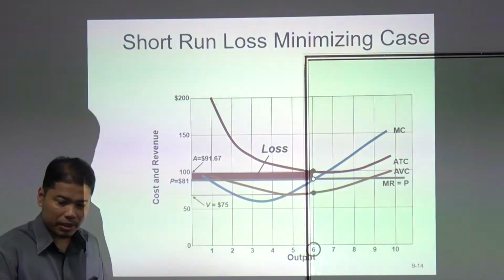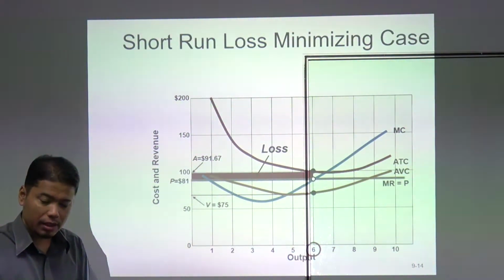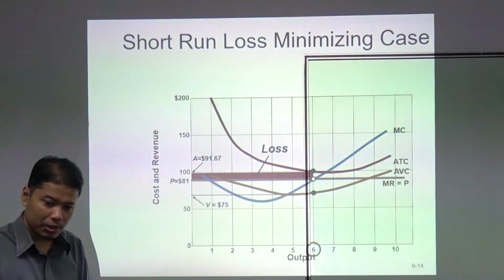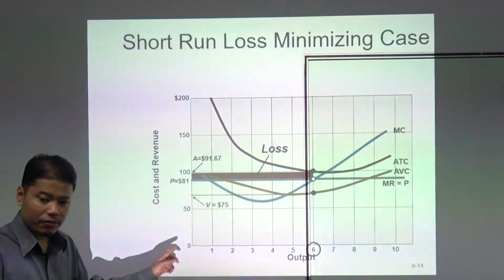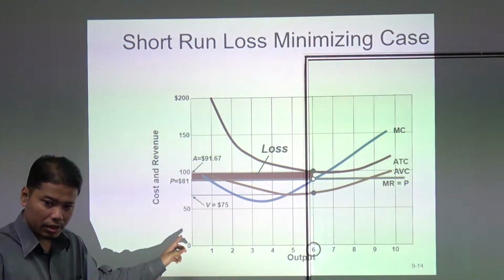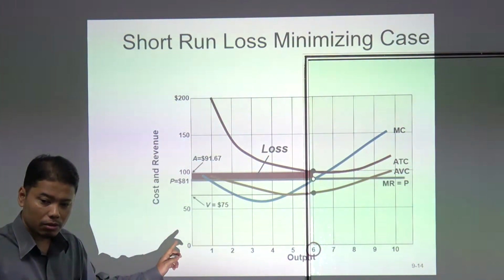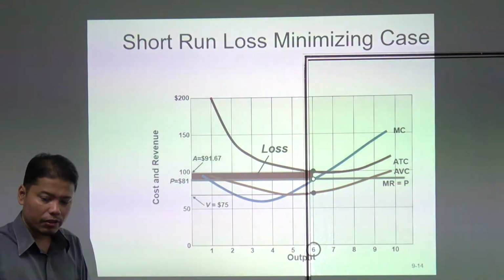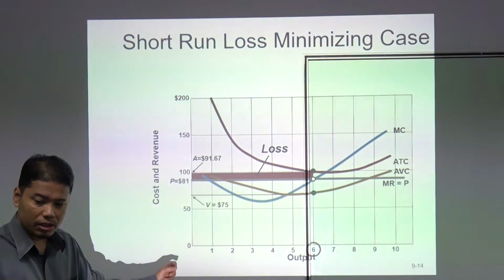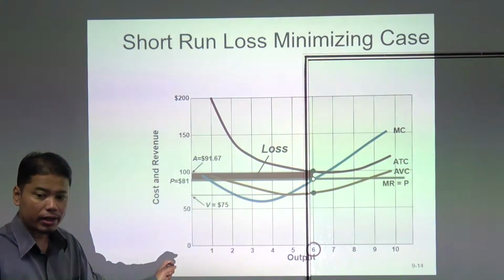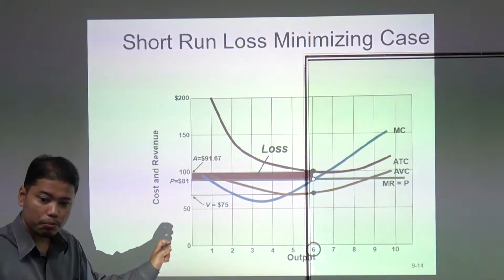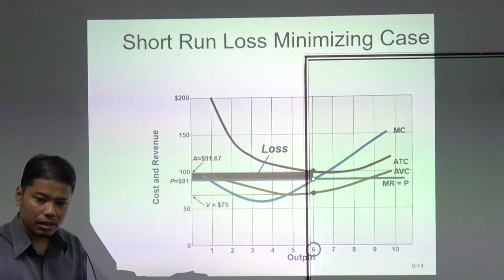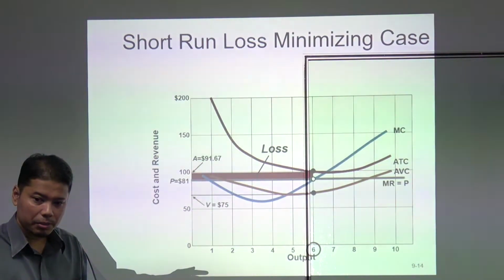No. Remember the firm is operating in the short run. There are two types of costs: fixed costs and variable costs. Even if the firm decides to close down, it doesn't mean that their cost will be zero. They still need to pay for their fixed costs. For example, the fixed cost we have used in this exercise is 100, maybe rental for the business premise.